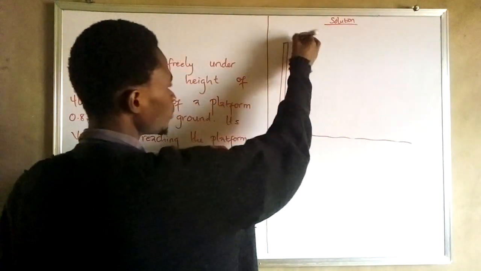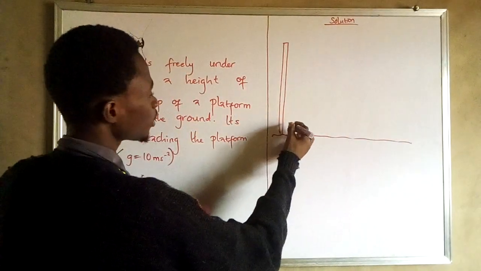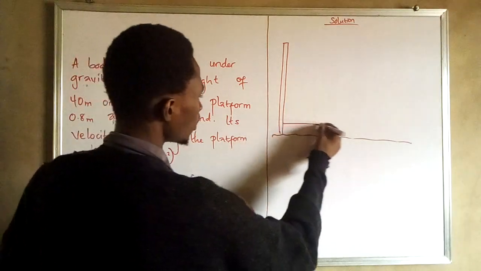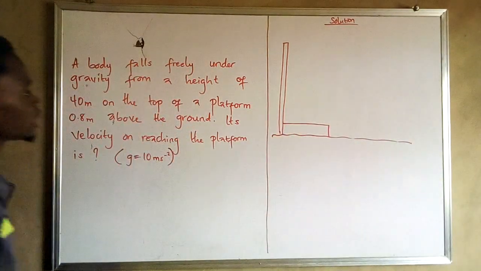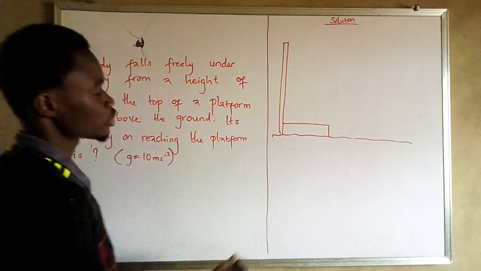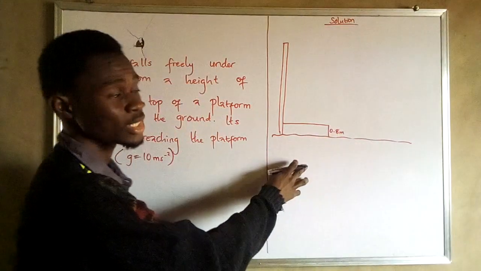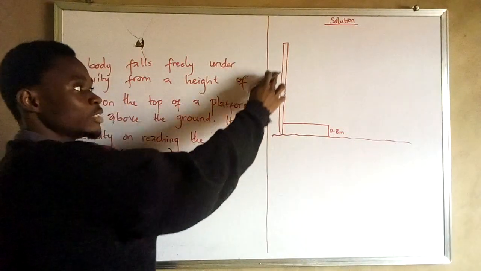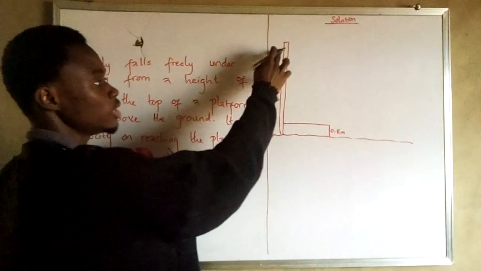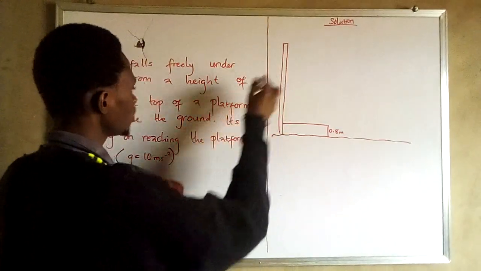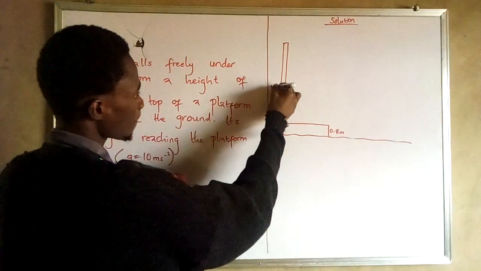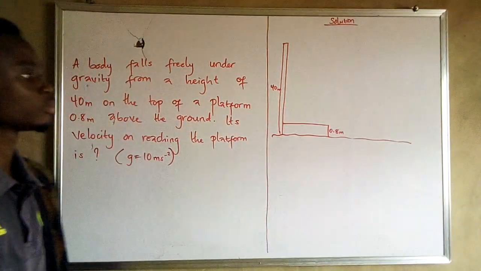So the object falls from here on the platform, which is 0.8 meters above the ground. So let's assume this to be our platform, which is 0.8 meters, and this is the height from which the object, the body, is falling, which is 40 meters, as given in the question.